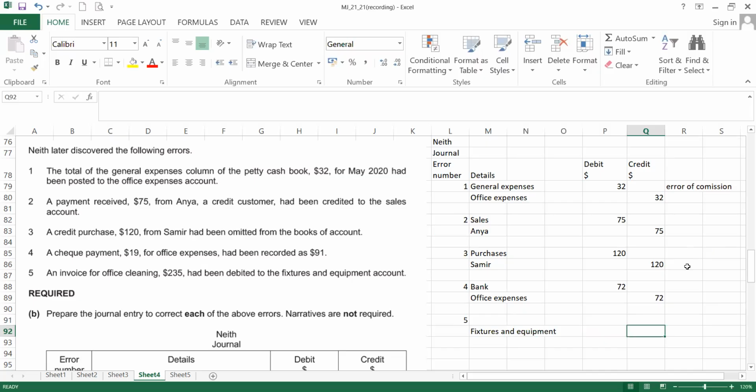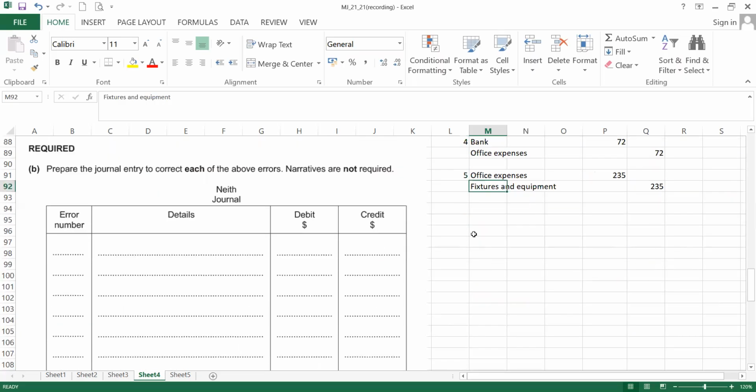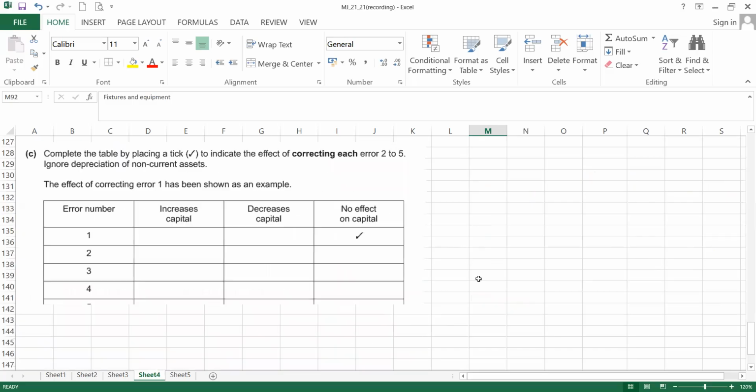So credit furniture 235 and then debit the correct account, which is office cleaning. Office cleaning is office expenses. Since they've given us only office expenses, we put office expenses. So this is all the adjustment that we have made.